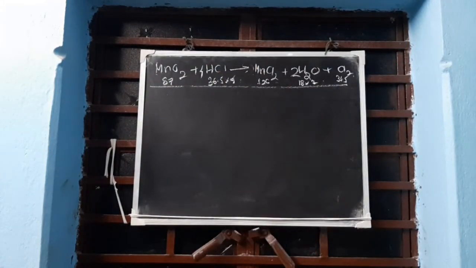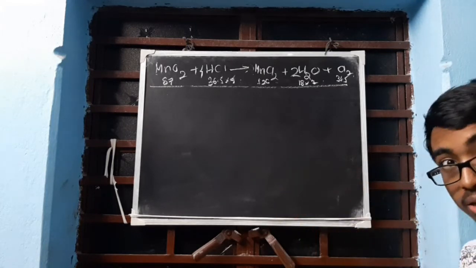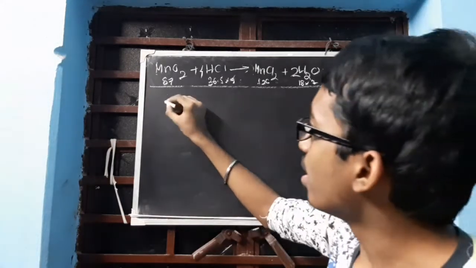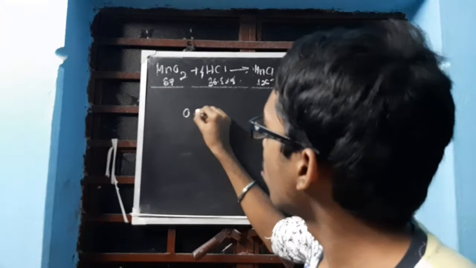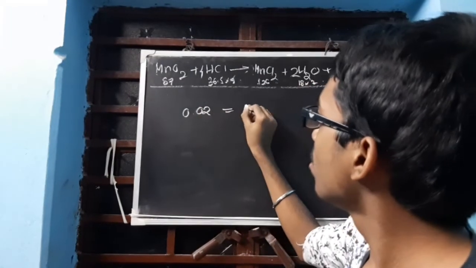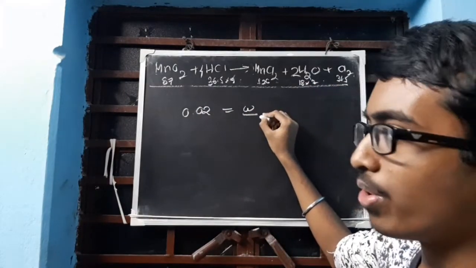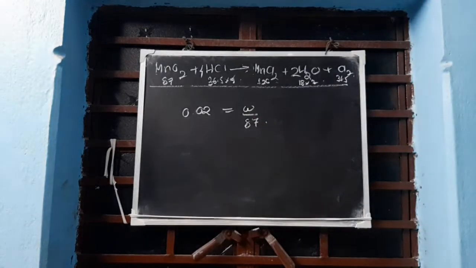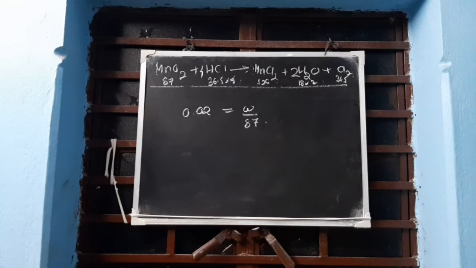Now what is told? 0.02 moles. It's not directly given the weight, it's given 0.02 moles. Weight we do not know, but molecular mass we know. What are we going to do? How to find the weight? Multiply.